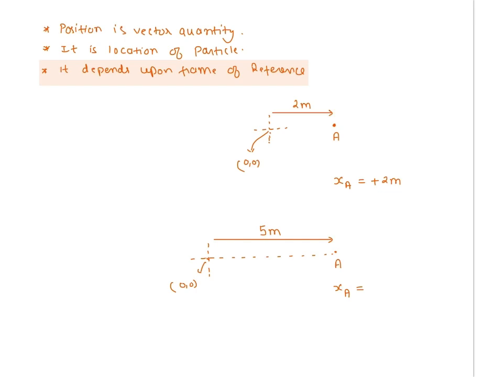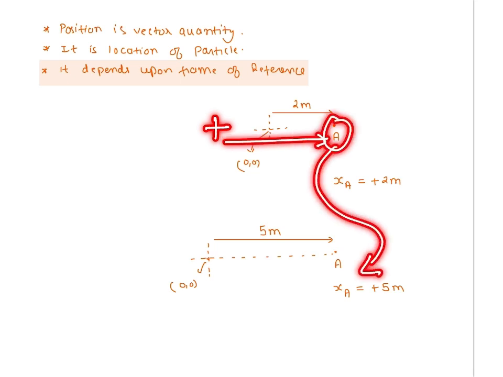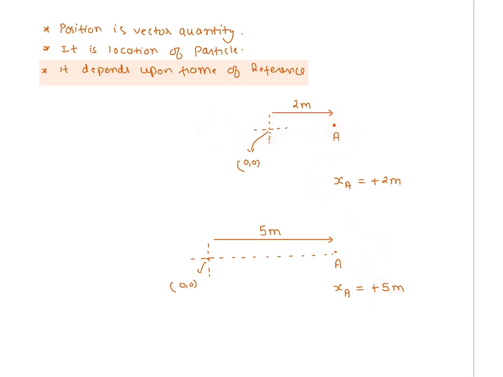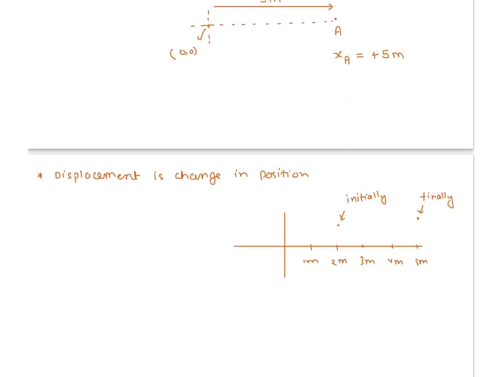So position of A in this case will be equal to plus 5 meters. If I take origin here, then position of A will be given by X_A is equal to plus 2 meters. And if I shift this origin to this point, then position of same A can be written as plus 5 meters. So, of course, position depends upon frame of reference.